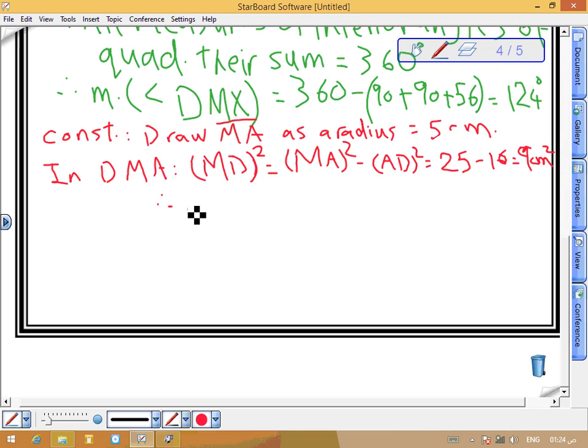Therefore MD equals square root 9 equals 3 centimeter.